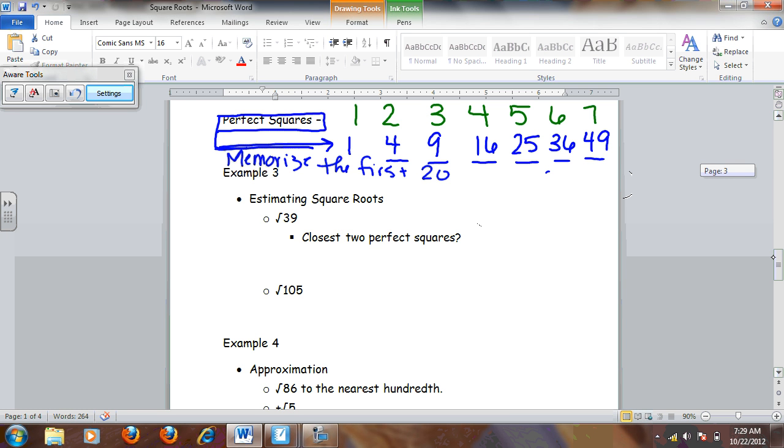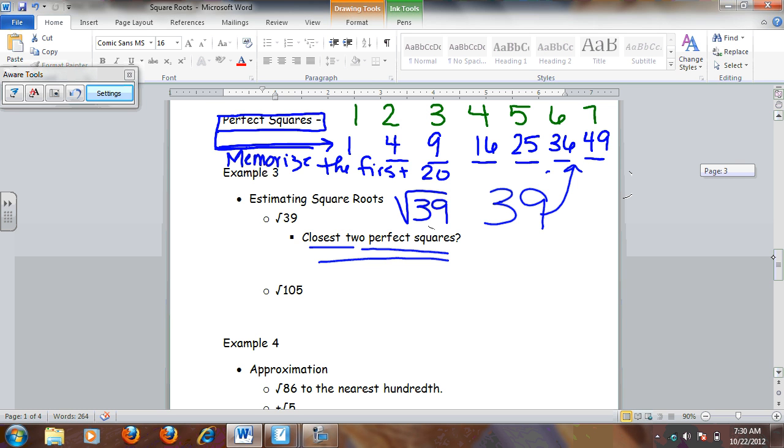We're estimating square roots. The square root of 39, not 36, 39. The number 39, I keep writing 36. The number 39 falls between what two perfect squares? You look at my list, it falls between 36 and 49, right?